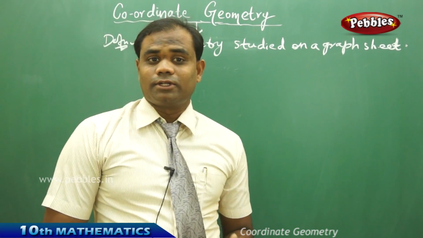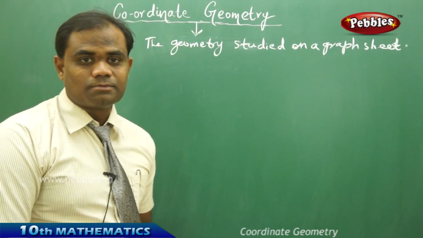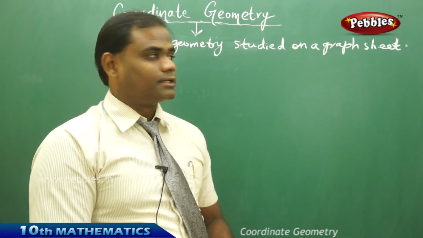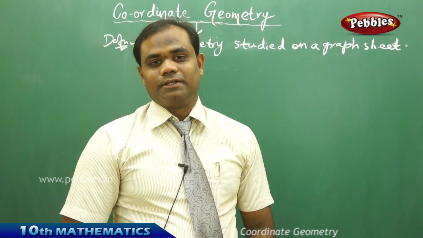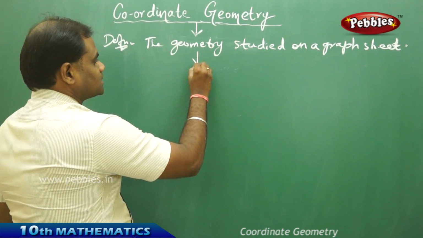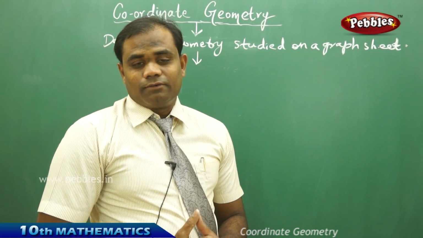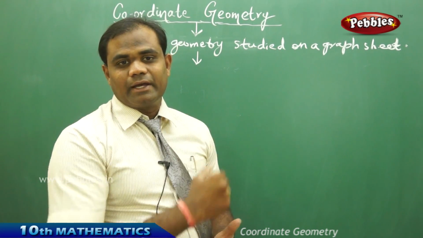Now, what are the rules on the graph sheet is very important, because coordinate geometry is more associated with the rules of the graph sheet than that of the graph sheet itself. So what are the rules? Usually when I say coordinates, they are nothing but the points or the values associated with x and y axis.